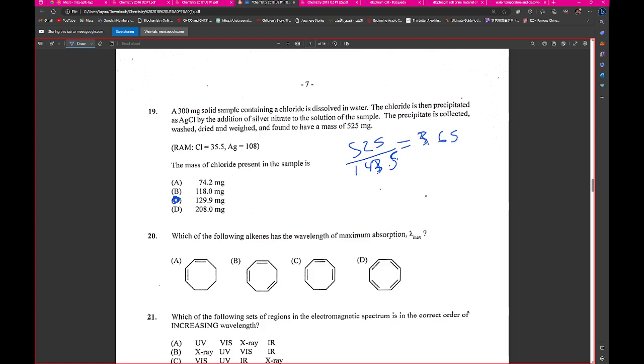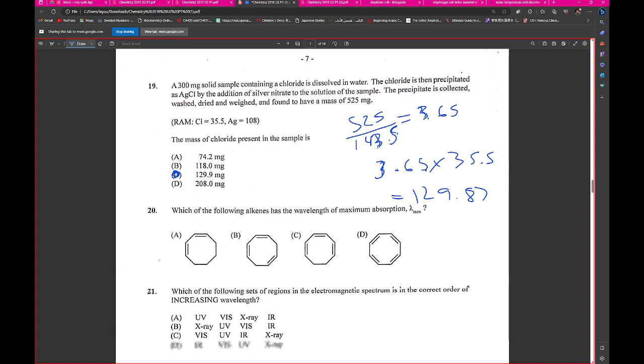And then the 3.65, you multiply it by 35.5. So what is the answer? 129.87.